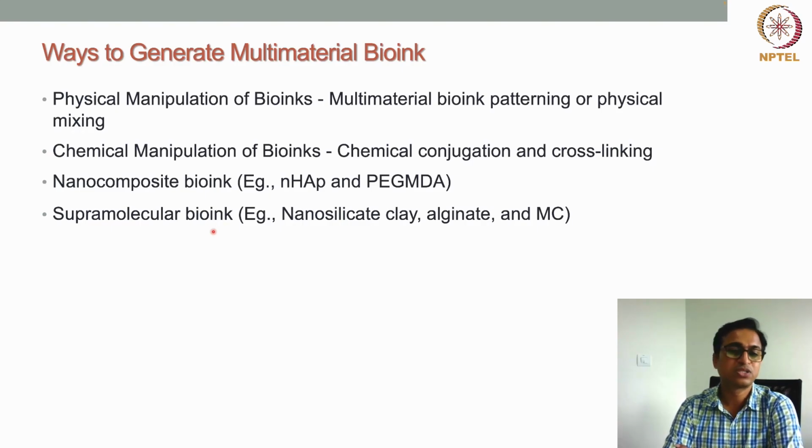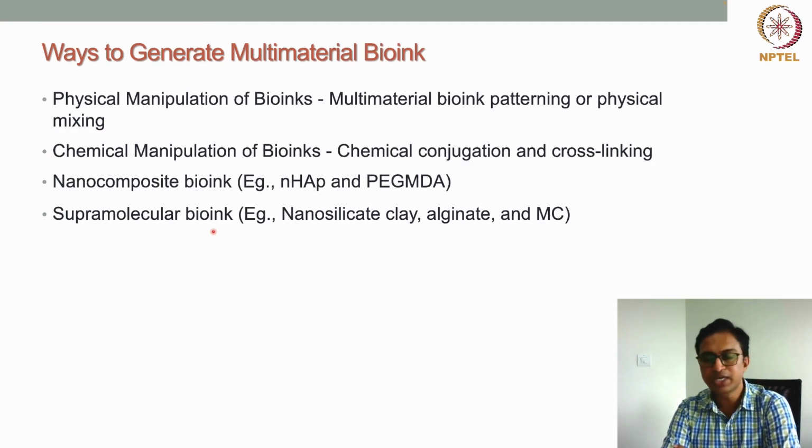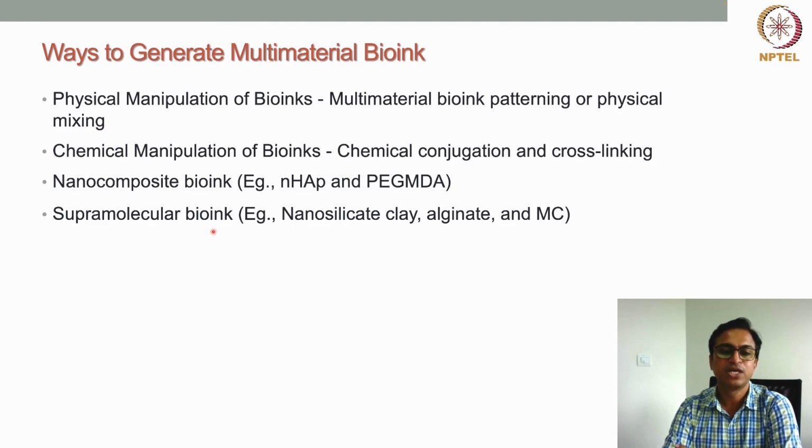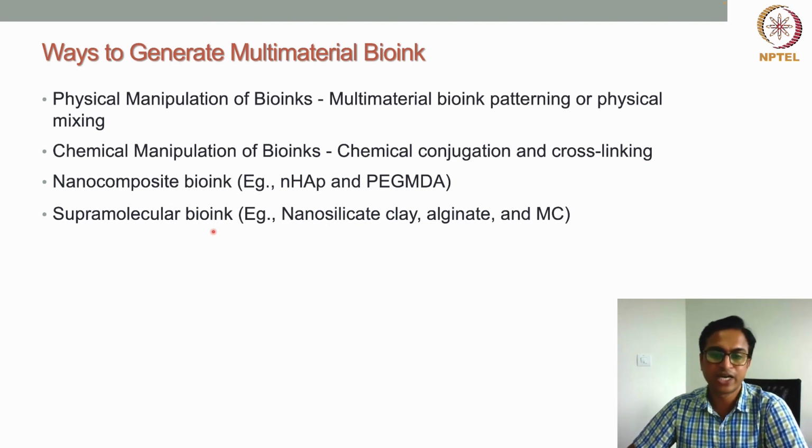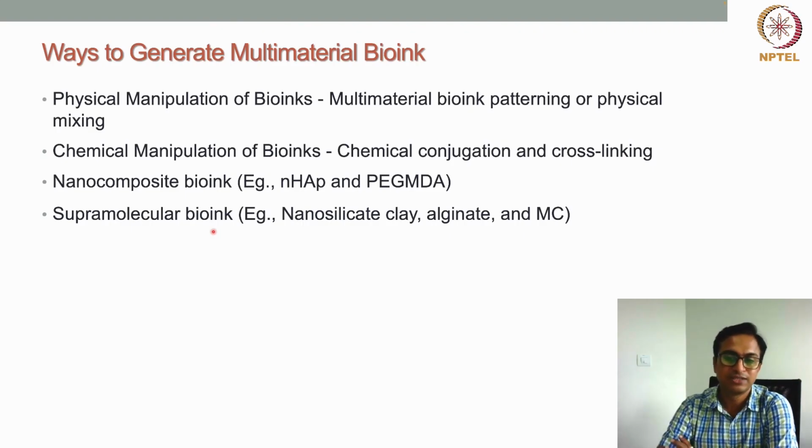Both the different components can be cross-linked separately and used. An example is nanosilicate clay, alginate, and MC. When these are mixed together to develop a bioink, they all have their own hydrogel network, but they can be mixed together, and then the supramolecular bioink can be developed, where some kind of interaction between the different components is possible, and they can be used as a bioink for making different architectures.